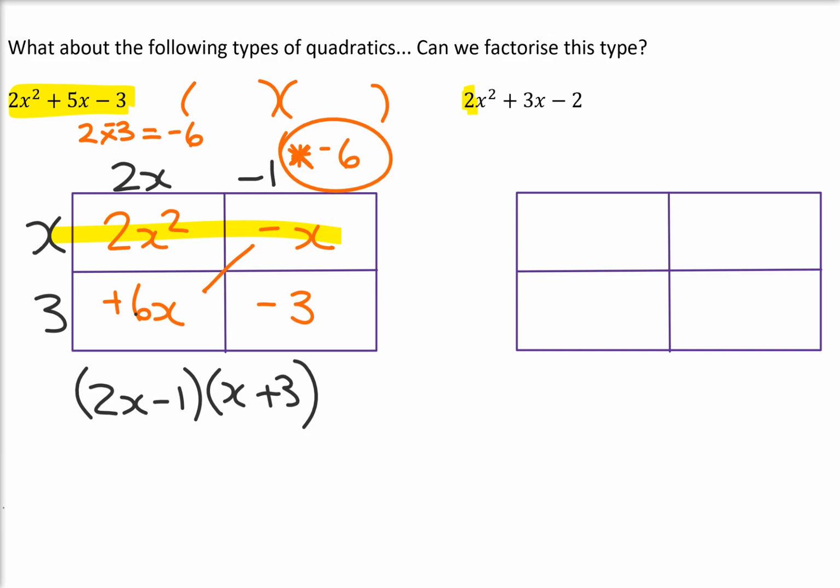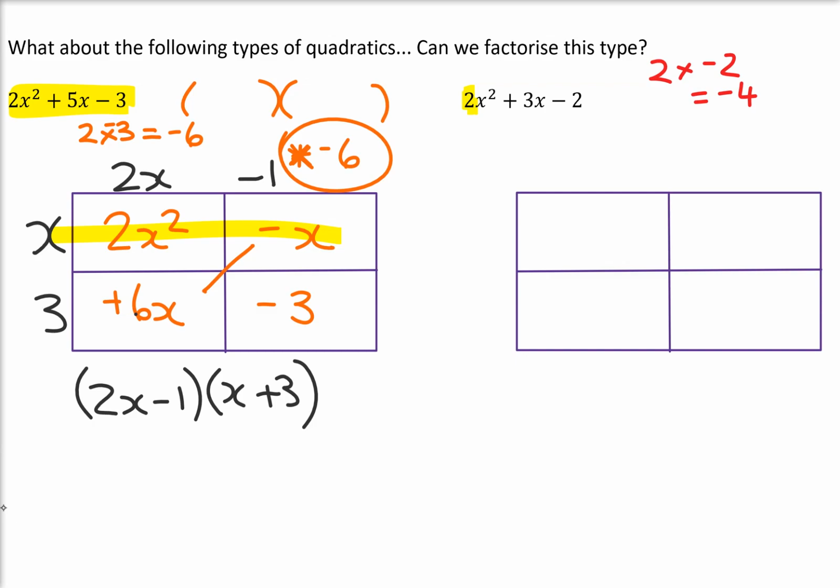Okay? And again, I'll show you another one here, and I'll hopefully not get this one mixed up. We do the 2 times the negative 2. What is 2 times negative 2? Negative 4. Good. Why is negative 4 helpful?